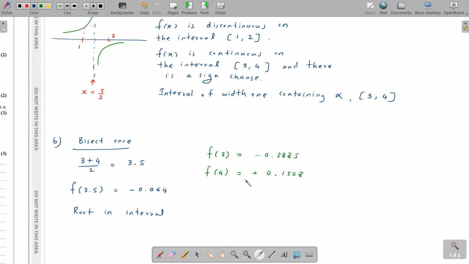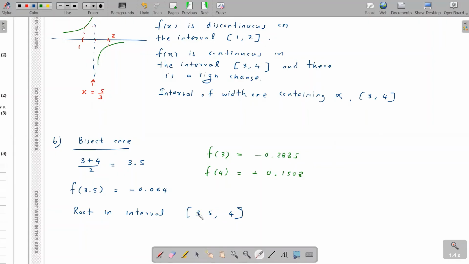Which one is the opposite sign? 4, right? Because you have a positive value. So your new interval will be between 3.5 and 4, because for 3.5 I have a negative value for y, for 4 I have a positive value. Are you with me? So this is interval bisection applied once, and this is the first interval.